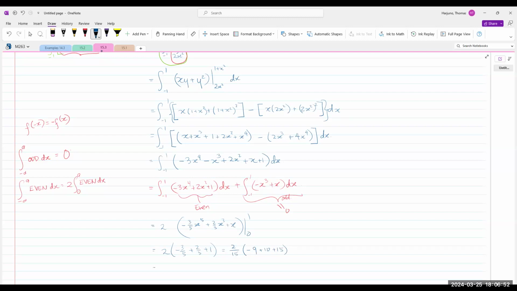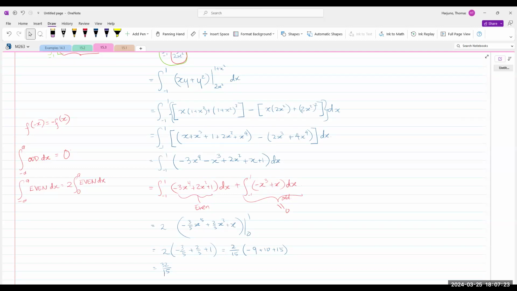That's 16, so that's 32 over 15. So you see, when I do the examples here, at the same time I reminded you about even and odd functions on the symmetric domain and how it will help us simplify our computation big time. Otherwise you will just do it the long way, right?